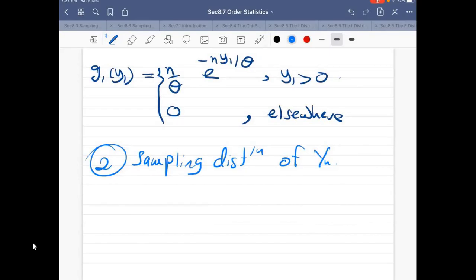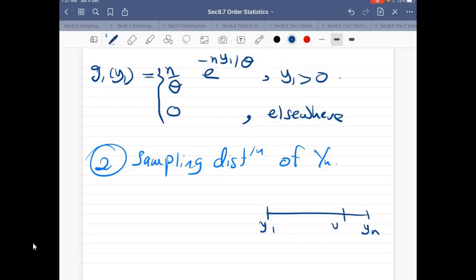Okay, same thing as before. I don't memorize. I always lay them down, you see. This is my y1, this is my yn, okay?